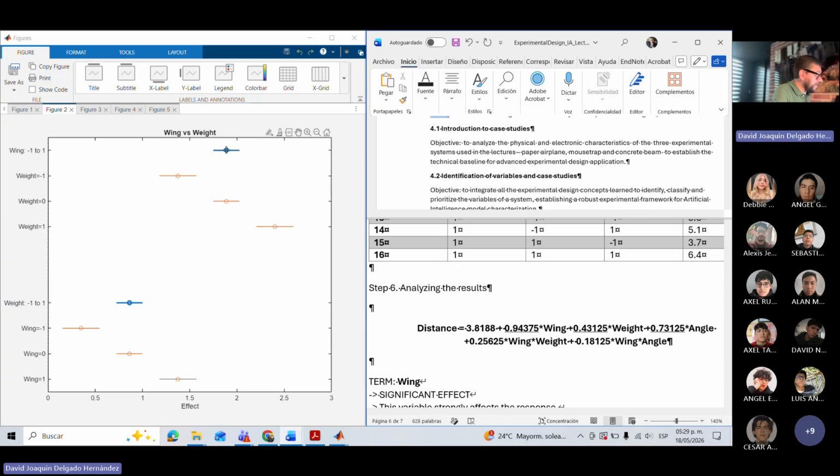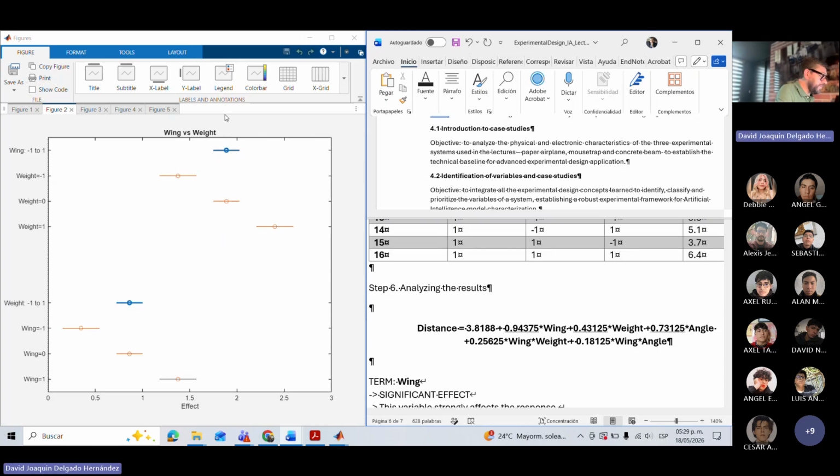How do I know that? Because I have the wing here in blue. This is the blue line with this small circle. And there is an intersection. If I put a vertical line here, what I can see is that they two cross.